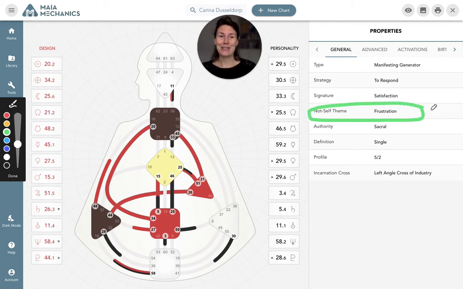And that frustration, ooh, that's really something I notice. And which is nice because now I have the language and I have this anchor that I can see, that I can become aware of when I am in frustration, when I'm pushing through, when I notice within myself that I'm frustrated and that nothing is really working out, then I can take a pause, I can step back and I can reflect on it and I can ask myself, hey, did I respond to something?